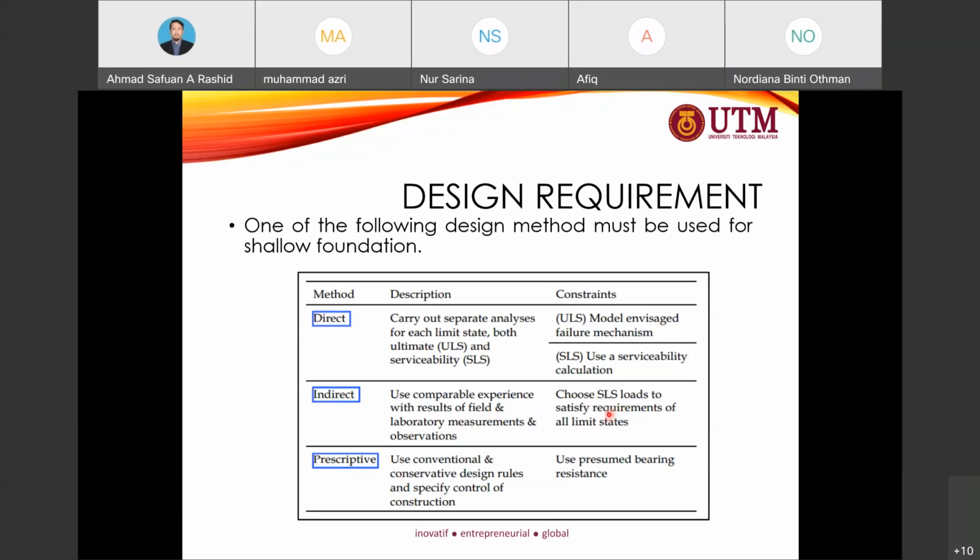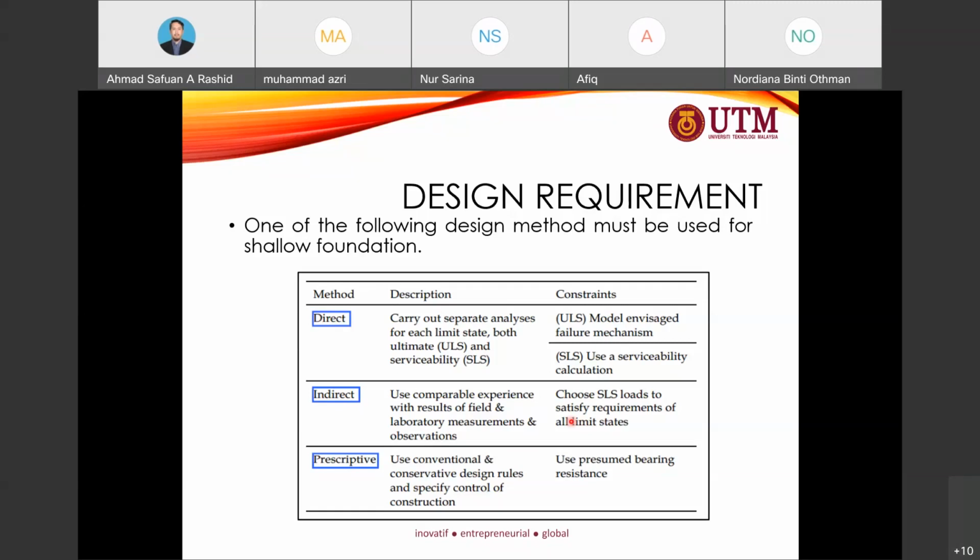So this is after we do the design and then construct the building, and then during construction we may do the observations. Prescriptive: use conventional and conservative design rules and specified control of construction. Use presumed bearing resistance.